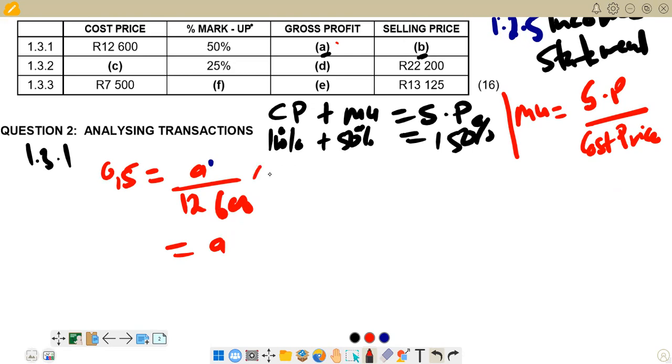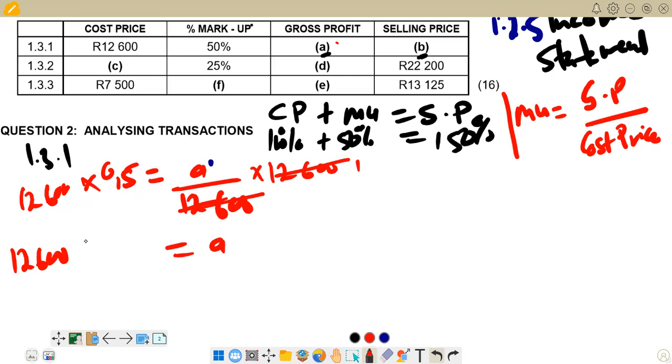We are trying to remove this 12,600 from the other side. So we leave it like this, and this one will get 12,600 divided by 12,600 to get a 1. It will remain with A. Then this one now we are saying 12,600 times 0.5. When we multiply that, you get 6,300 rands.